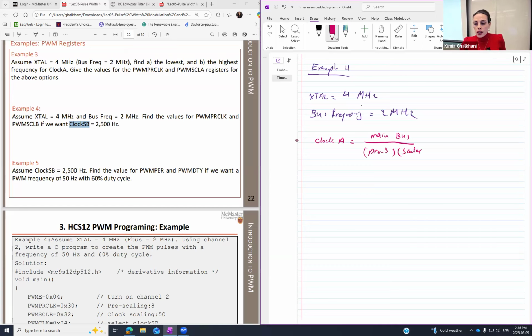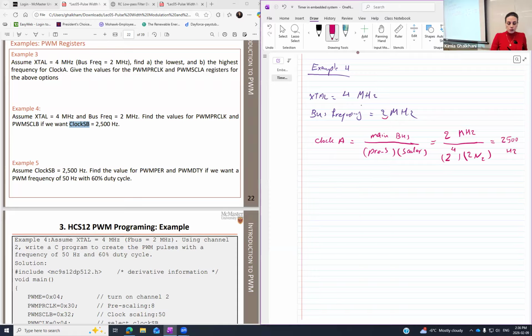So I use 2. How about my prescaler? My prescaler, remember, is 2 to the power of 4. And my scalar is 2. And 4 is like the n, right? In here, I'm having n2. Therefore, if you calculate this one, you're going to have 2,500 hertz.